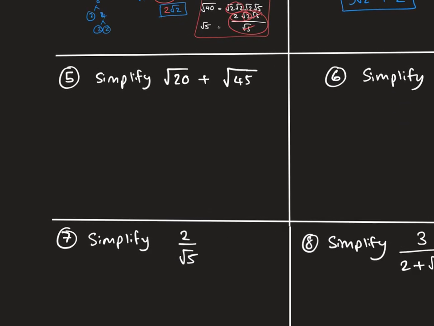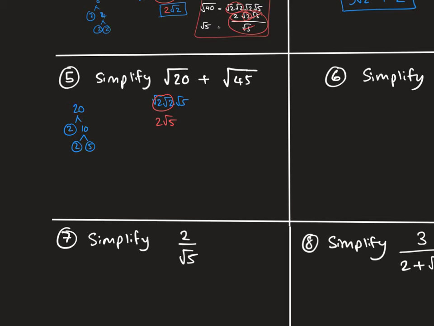So let's have a look at this. Root 20 can be broken down into 2 times 10, which is 2 times 5 here. So we can see that root 20 can be written as root 2, root 2, root 5. Again, that doubling up of the root 2 will give us 2 root 5.